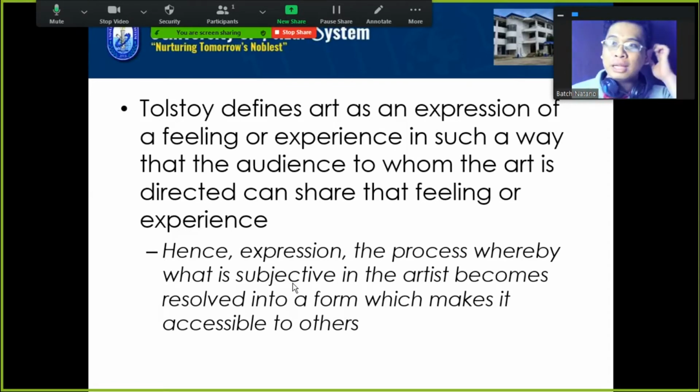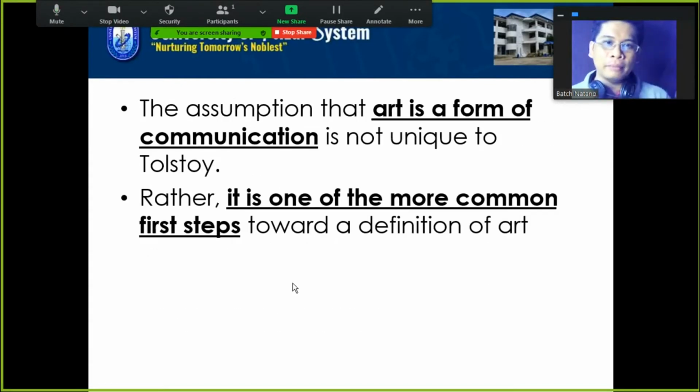So ito yung binanggit ko kanina about communication, wherein if the artist was able to express his thoughts and ideas, and the viewer or the person who's looking at the artwork was able to get the message, then there's already a connection.